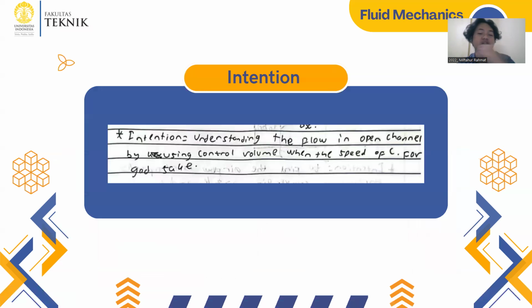And then for the intention, we should understand the flow in open channel by using control volume when the speed of C is given. But also we need to know it because we can also find the mitigation for the tsunami if it happens in our area.